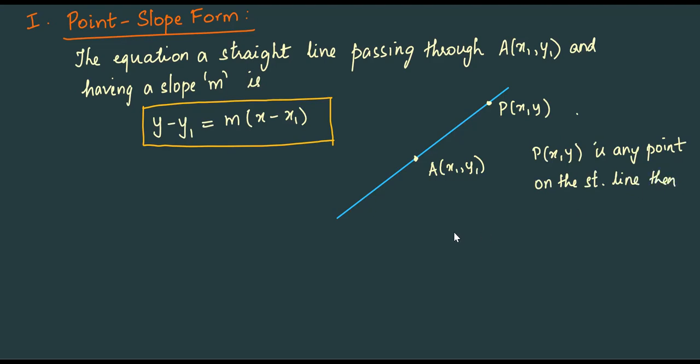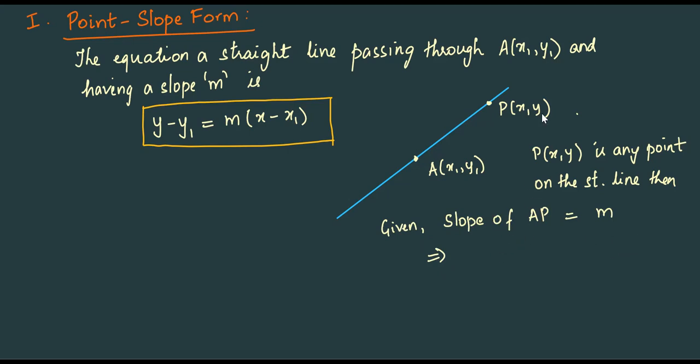Then given slope of AP is slope of this line, right? Now slope of AP is equal to m. This is given. So any 2 points on the straight line you can take and find the slope.